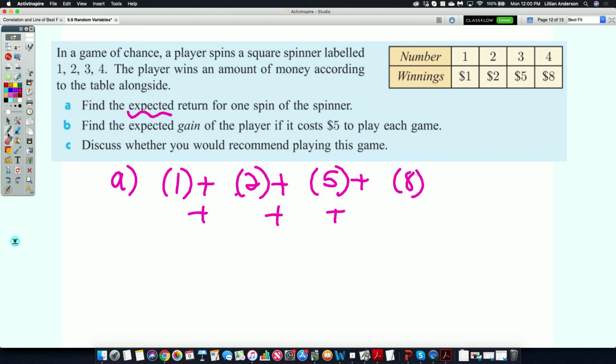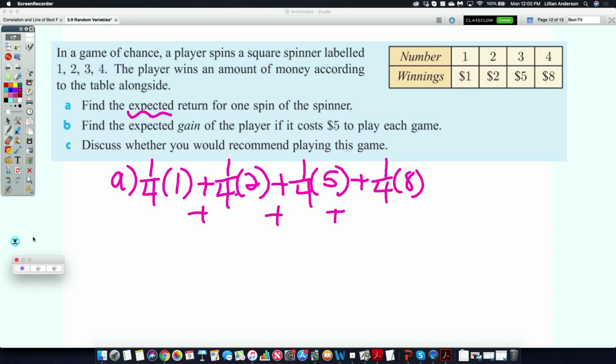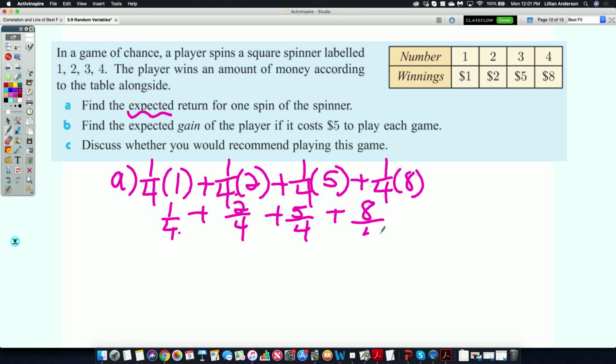As a fraction, it's 1/4, to spin a 1, a 2, 3, and 4. So let's multiply them and add them together. We can still do this without our calculator. Let's find our expected return. When we multiply these, we have 1/4, 2/4, 5/4, and 8/4 for a total of what? 4. So our expected return is $4.